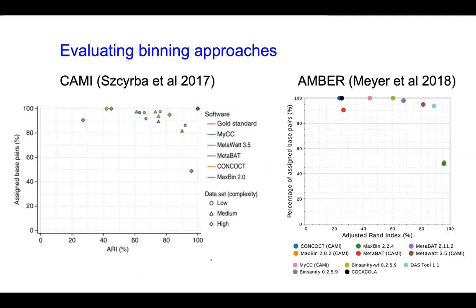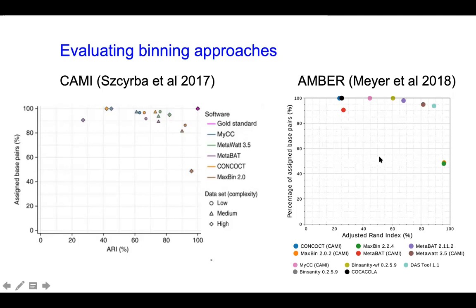These are two plots that show that adjusted Rand index that we just talked about in the previous plot, from the CAMI challenge itself, and then from the assessment of metagenome binning, AMBER. I forget what the AMBER acronym stands for. The AMBER paper supersedes the original CAMI paper when it comes to binning.